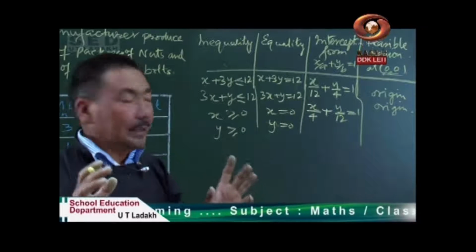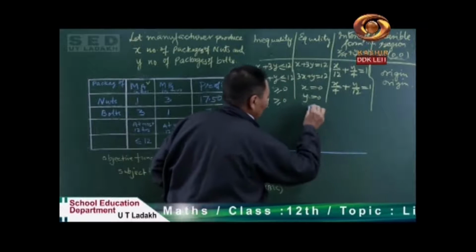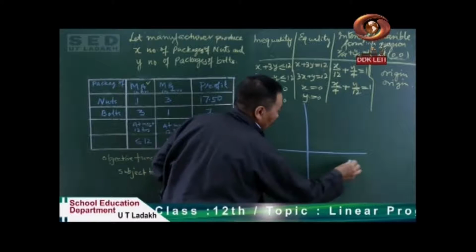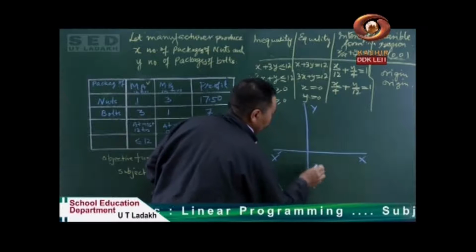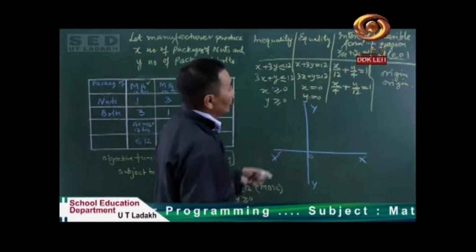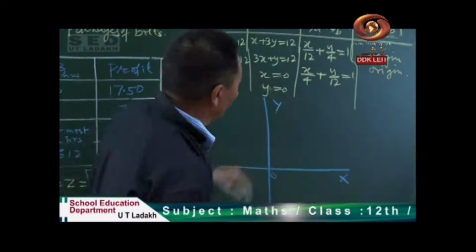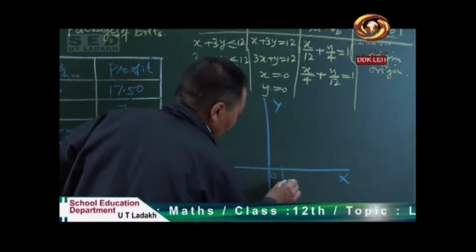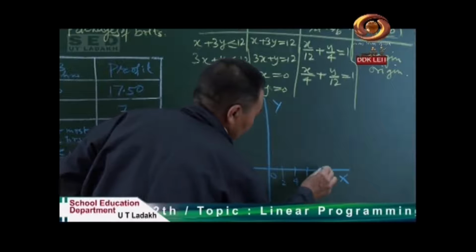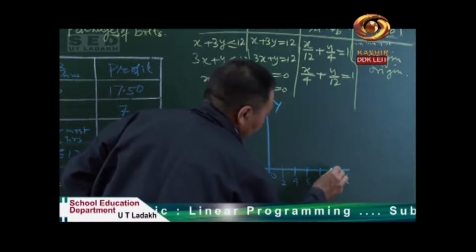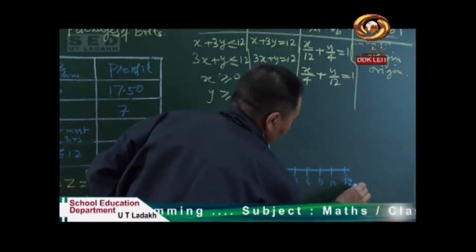Now I would like to draw it on a graph. This is x-axis, this is y-axis, this is your 0. So I have to see the coordinates of x, that run from 4 to 12. It should be 2, 4, 6, 8, 10, 12.